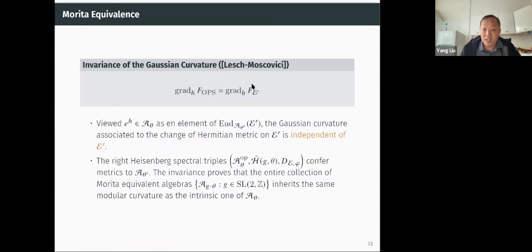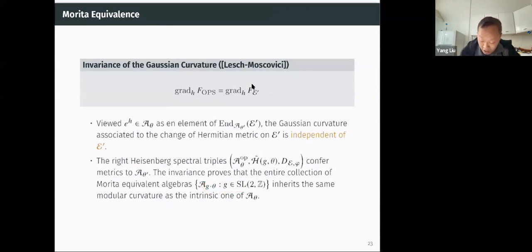Since it's independent of this E theta prime, the same Weyl factor in A theta defines a metric on a family of A theta prime, like all the possible theta prime in the same class as theta.